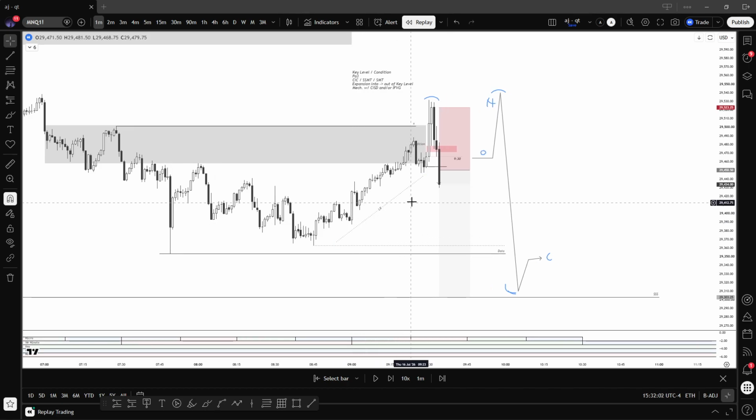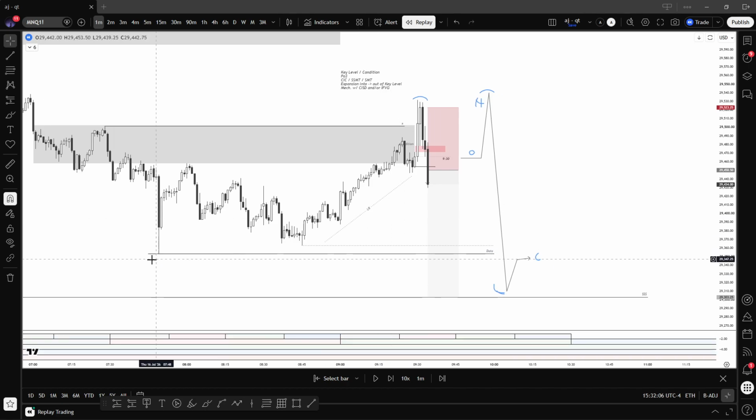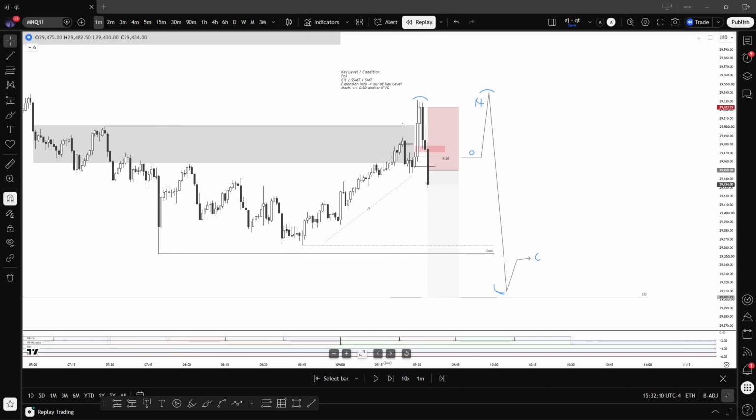So I honestly wasn't even too interested in going break even here. I could go break even based off how price developed after. So what happened is we continued to dump after we had this wick and hard rejection, right? We're respecting these bearish imbalances. And we continue to distribute lower.